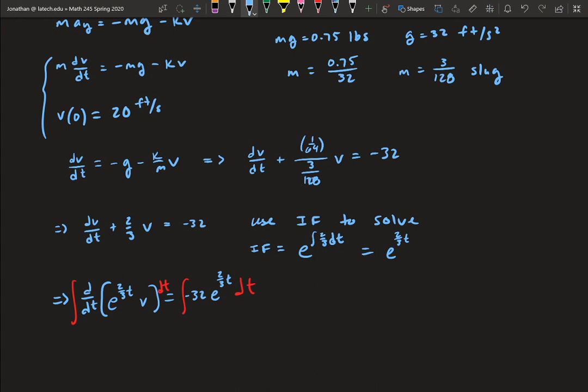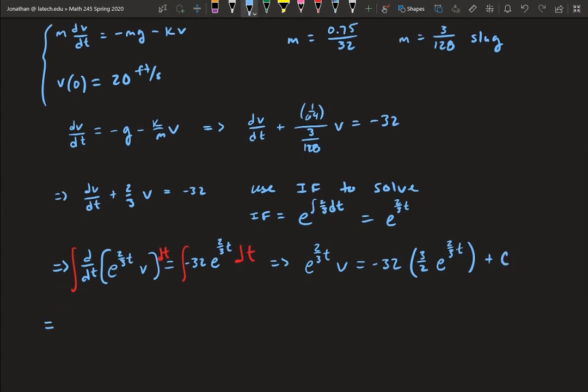So integrate both sides with respect to t, we'll get e to the 2/3 t times v equals negative 32 times 3/2 e to the 2/3 t plus c, which means it's going to be v equals negative 48 plus c e to the negative 2/3 t.